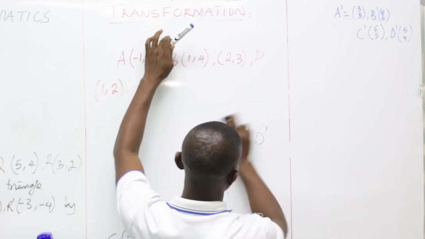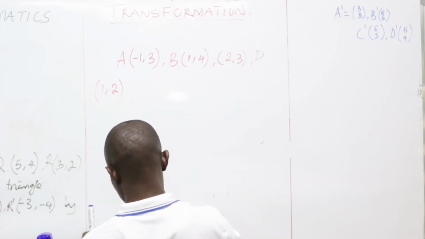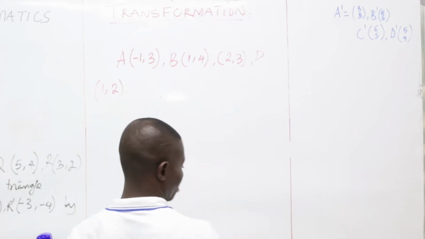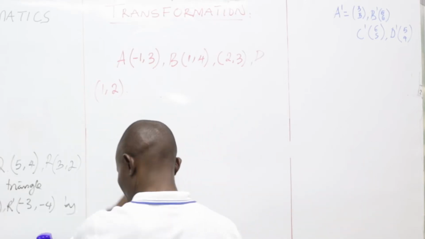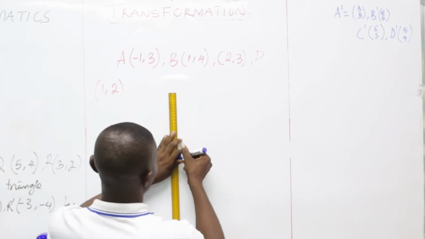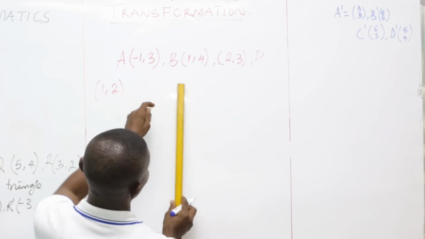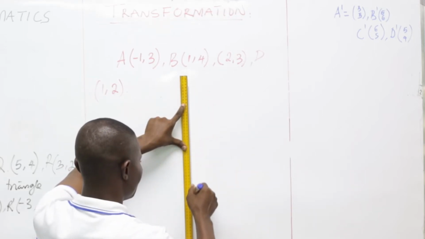This is our object, while this is our image. Let us make a sketch to represent this.